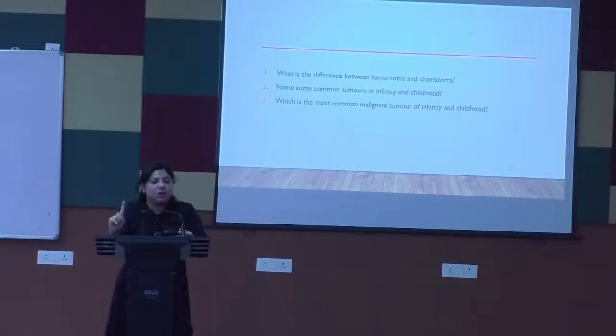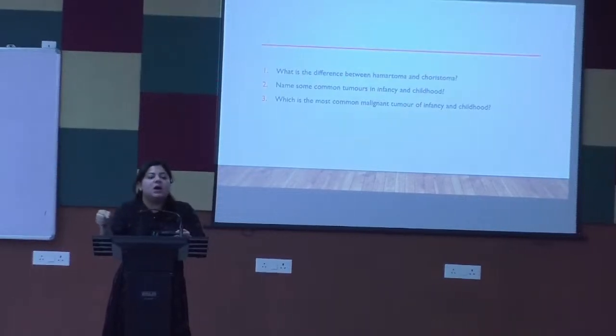And what is choristoma? Or it is more commonly called heterotopia. So what is that? This tissue is not normally found in this organ, like finding pancreatic tissue in the stomach, right? Or adrenal tissue in the ovary. Then it becomes very difficult for the pathologist to say whether this is a normal tissue in an abnormal location or some other neoplastic process.